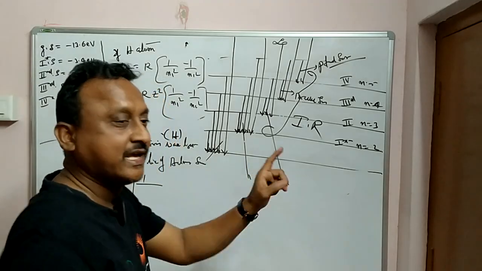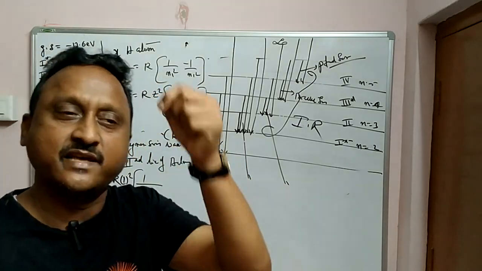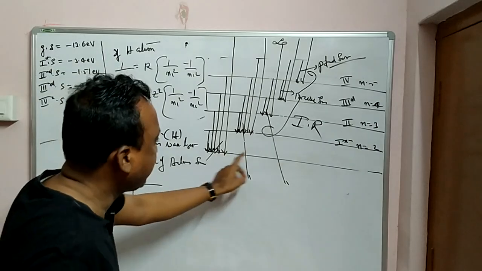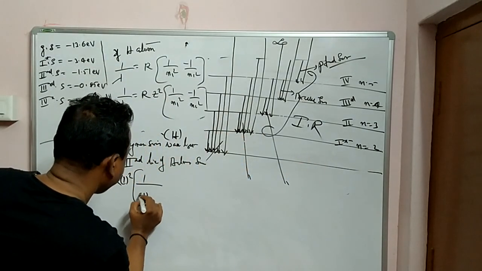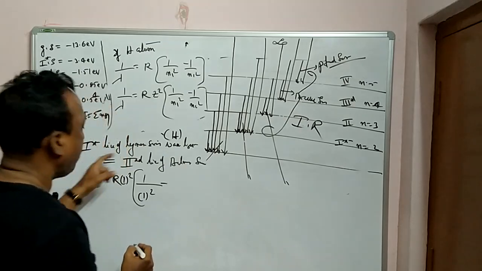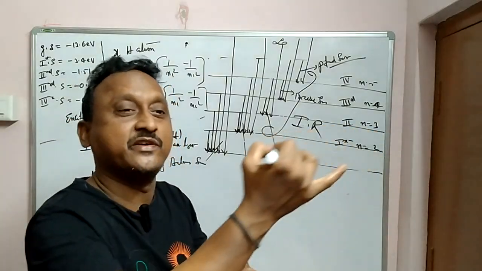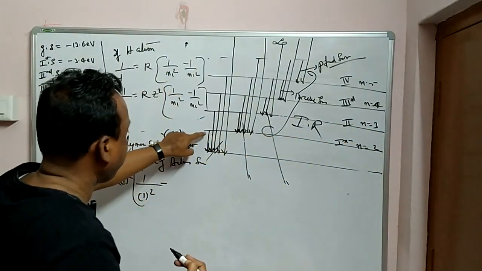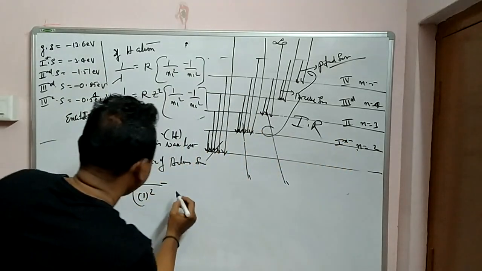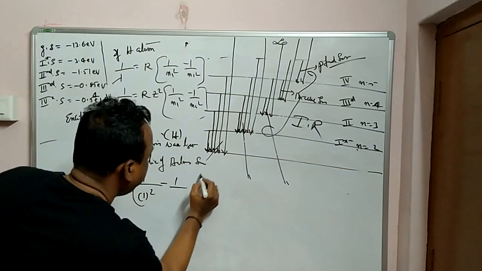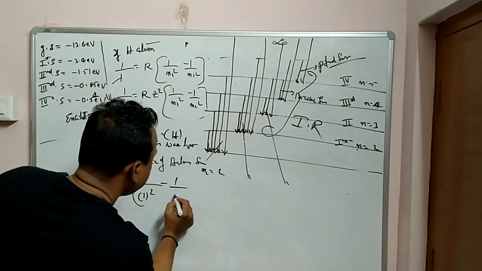What is N1? In Lyman, N1 is always the constant value, the ground state. That is 1 square minus, what is N2? Which line are we considering? First line. First line comes from the first excited state. That is here N2 becomes 2, so 2 square.